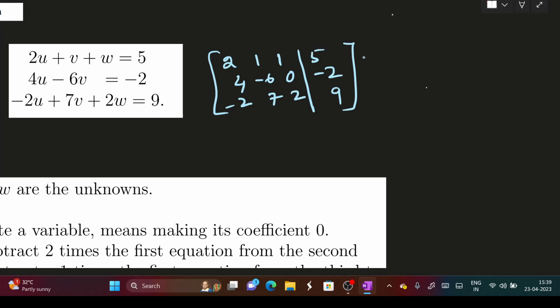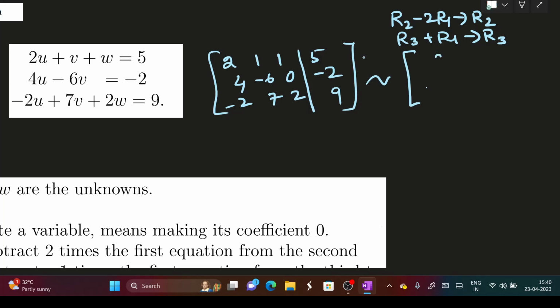The first operation is R2 minus 2R1 stored in R2. Then R3 plus R1 stored in R3. What I am getting after these two operations: the first row is not changing, let me write it as it is.